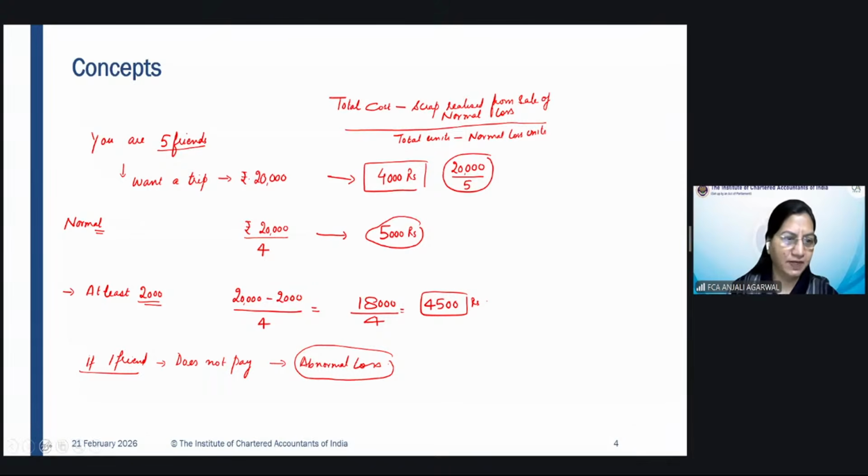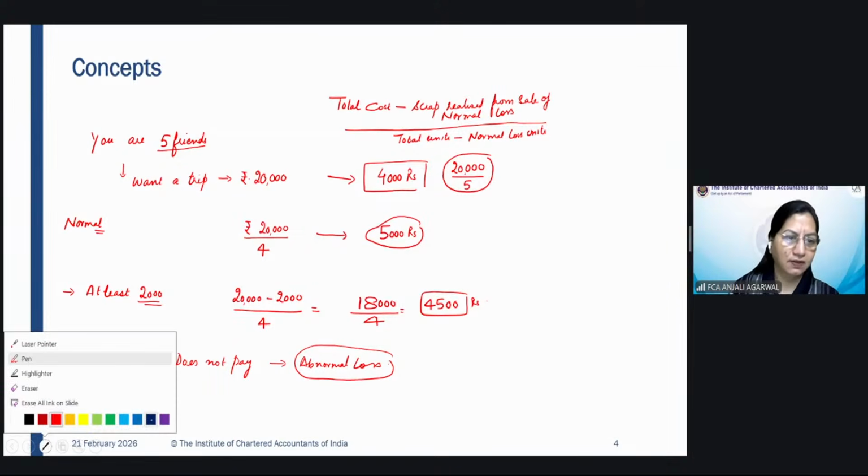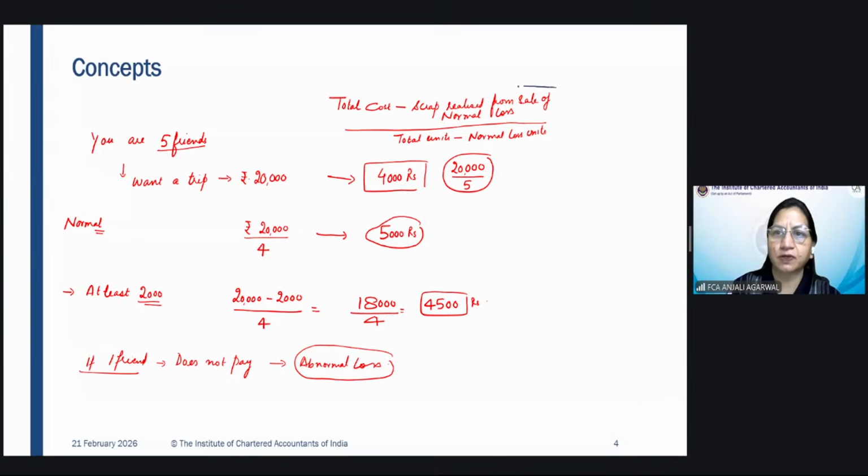This will be the fundamental formula in all the questions of the process. So whether there is a normal loss or not, whether there is a scrap realized from normal loss or not, this will still hold true.